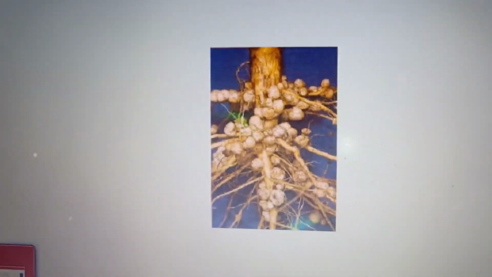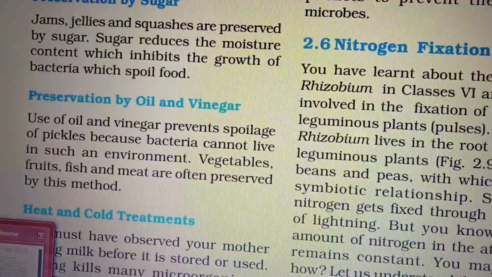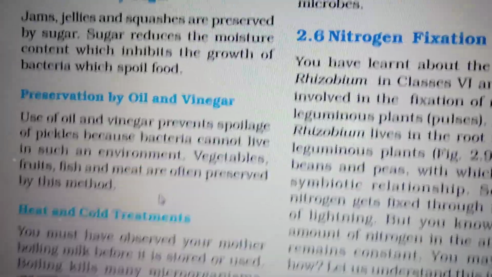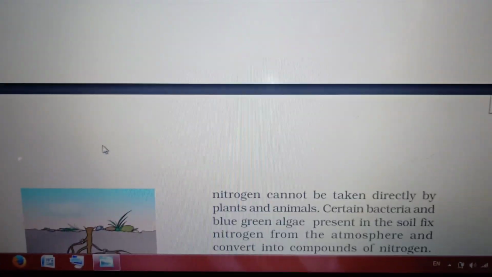Whatever nitrogen has been used, the amount of nitrogen always remains constant in the atmosphere. That can be explained by the nitrogen cycle. Let me give the explanation of the nitrogen cycle, then we'll see the picture. Our atmosphere has 78% nitrogen.